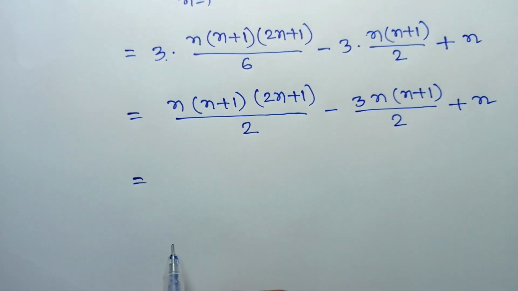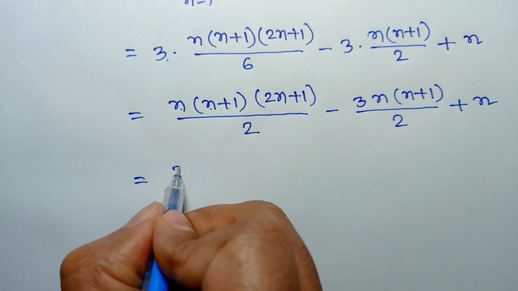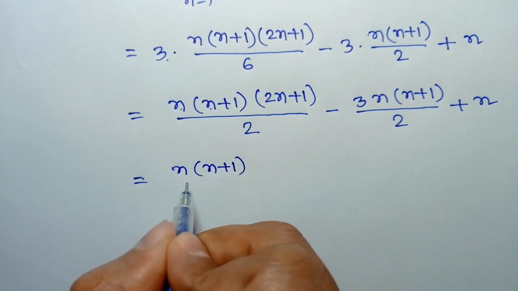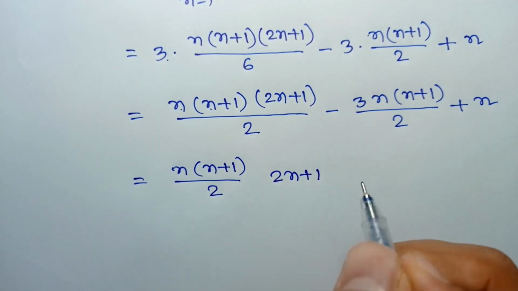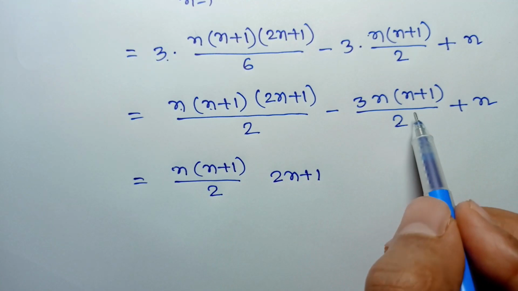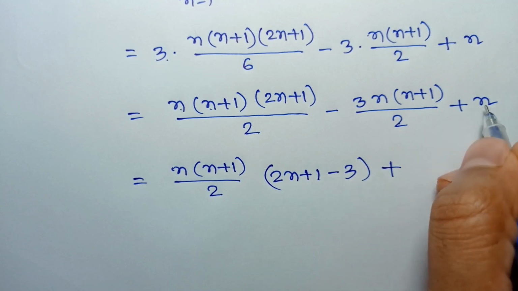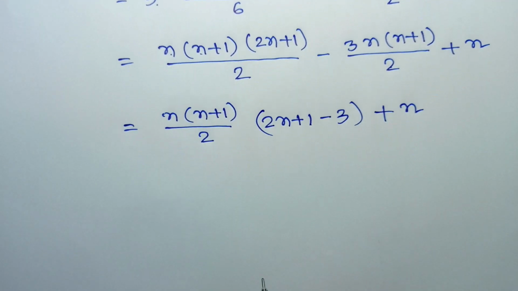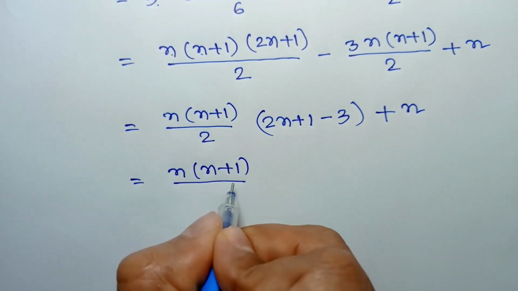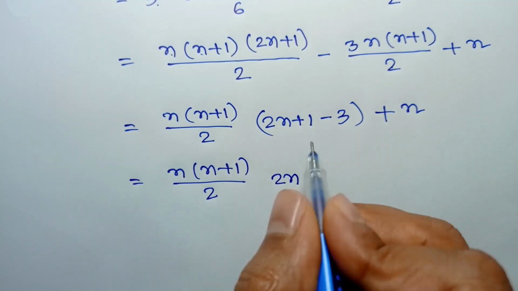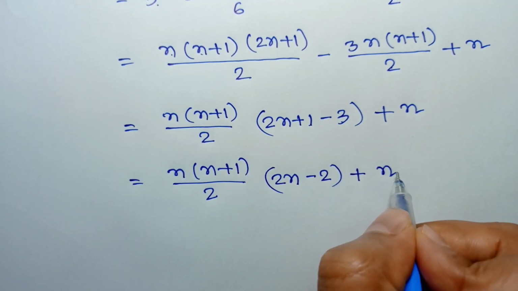Taking common n(n+1)/2 from these two terms, we can write n(n+1)/2, where it will remain (2n+1), and from the other term it will remain negative 3, plus this n. This is n(n+1)/2 times, this 2n, and 1 minus 3 is negative 2, plus n.